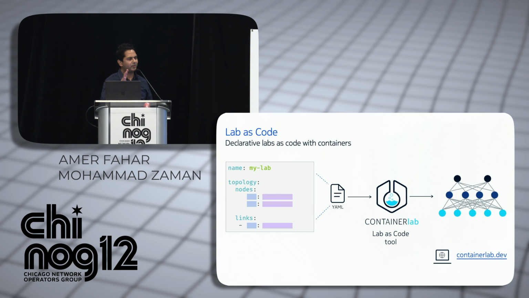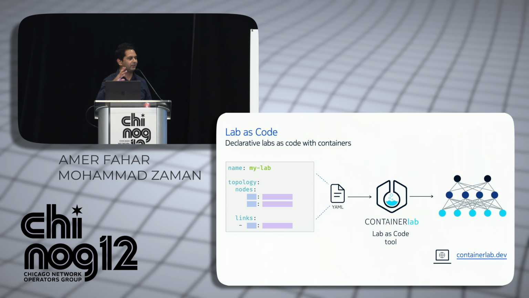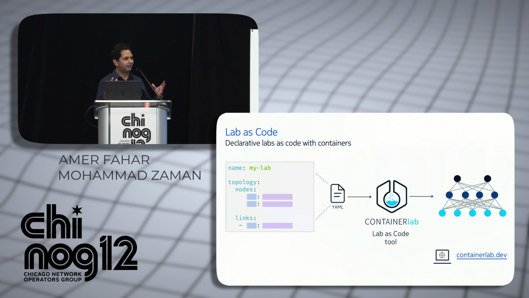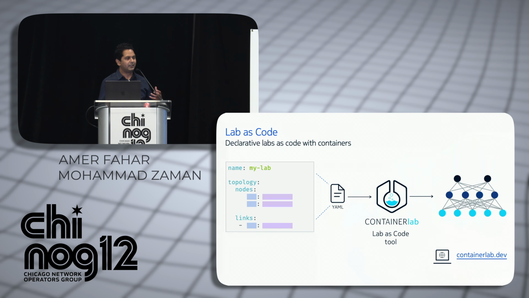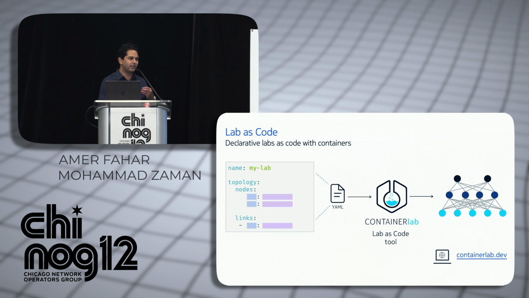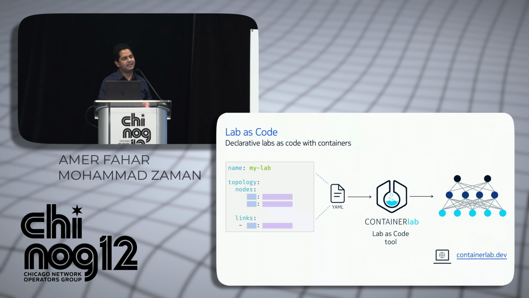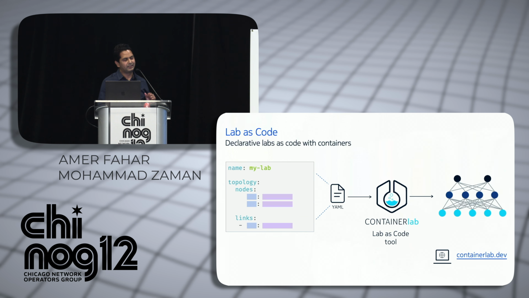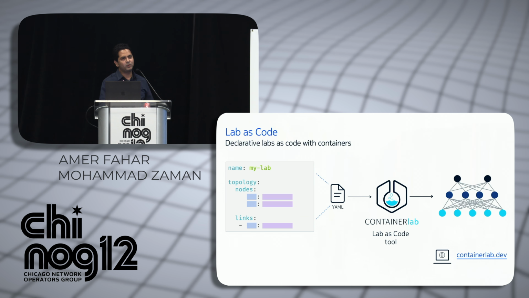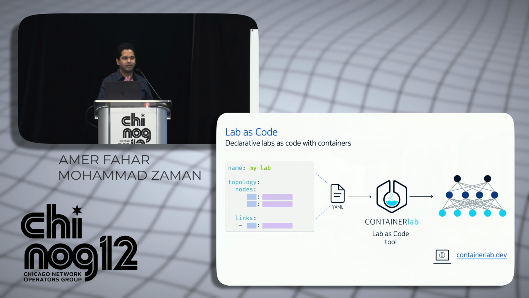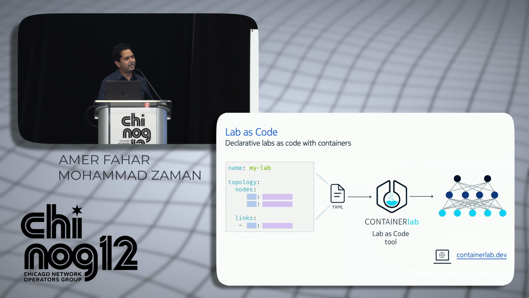Like I said, in terms of doing lab as code, you have that YAML file, and you're able to declare the nodes, the OS, and the configurations that you want loaded up and deployed instantaneously, virtually. That's the beauty of emulating a lab environment, a multi-vendor lab.